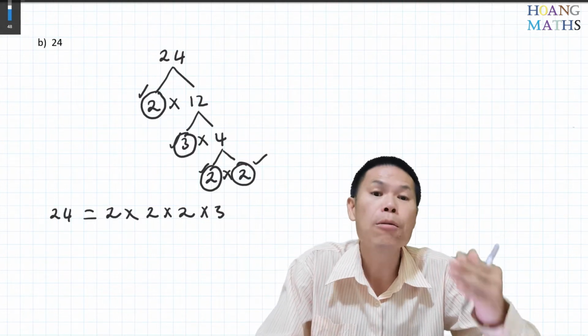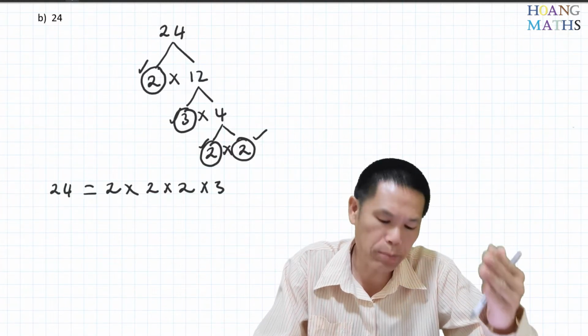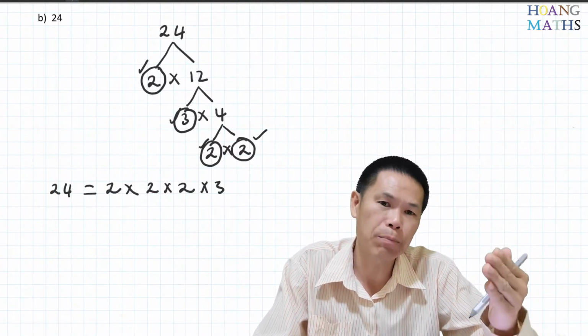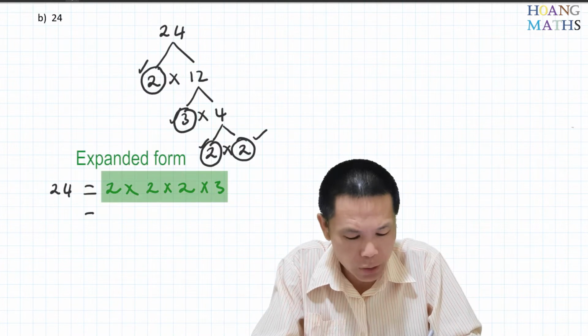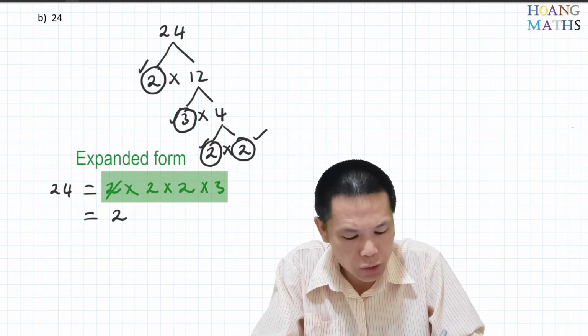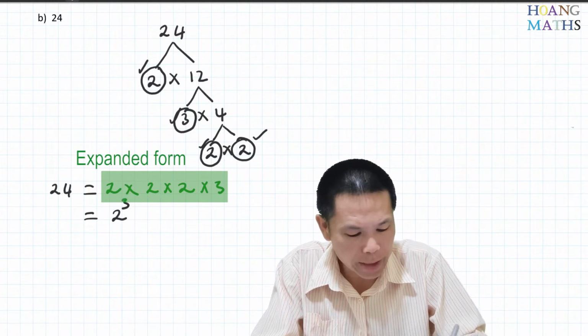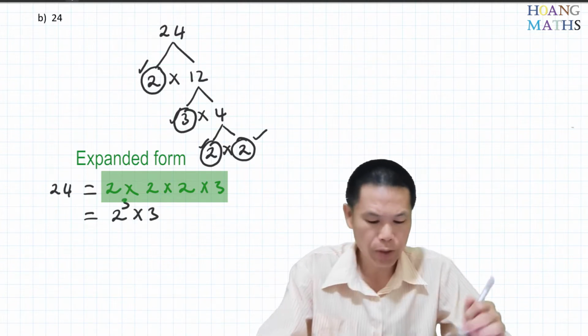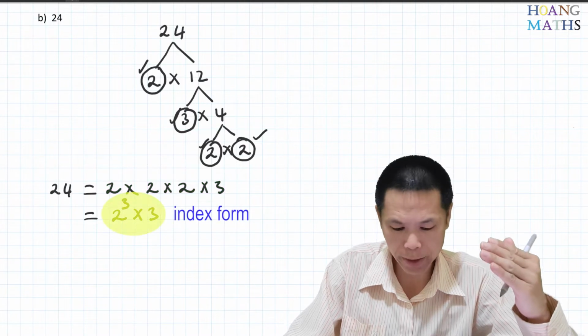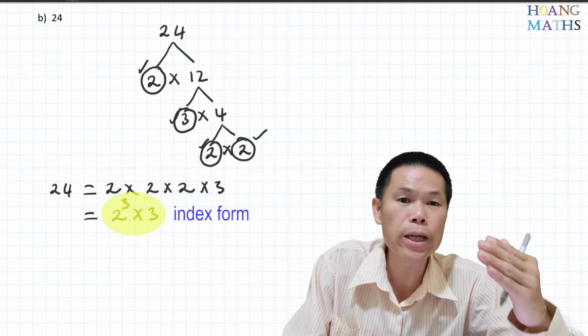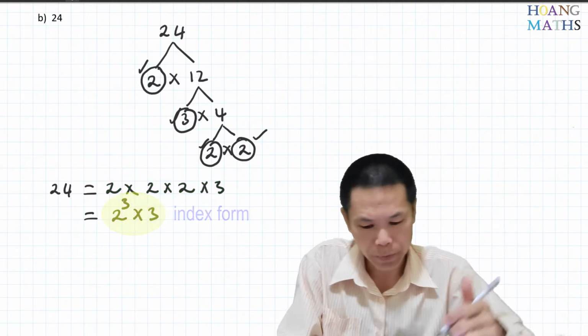So these are the prime factors. Of course, 2 times 2 times 2, we can write in a simpler way: 1, 2, 3, so that is 2 to the power of 3, and of course times this 3. So 24 is equal to 2 to the power of 3 times 3.